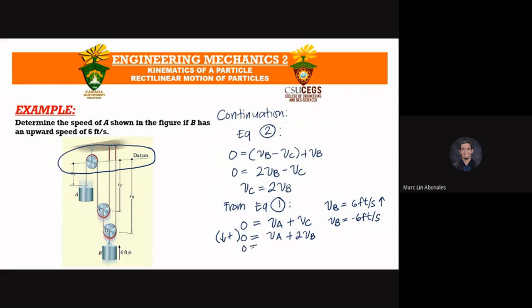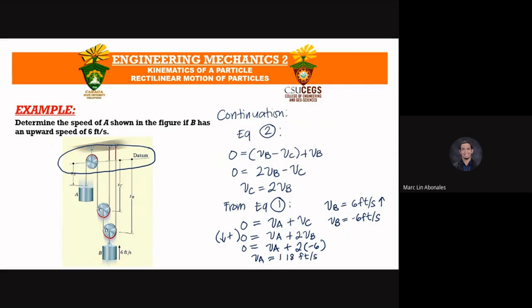So when we substitute here, that will be VA plus 2 times negative 6, or VA is equal to negative 18 feet per second. Not negative 18, it is positive because you transpose that to the other side.